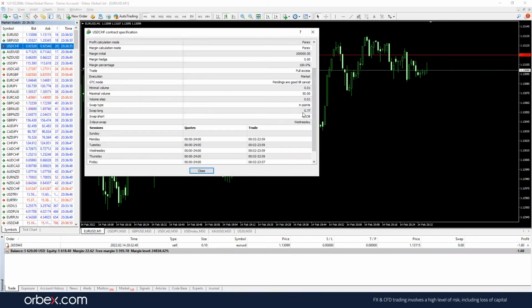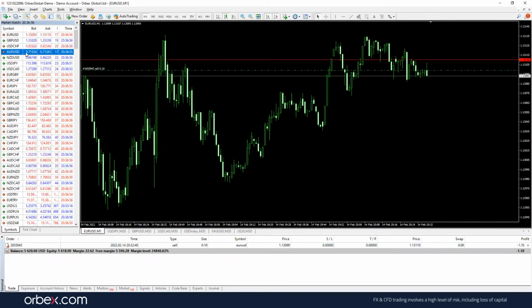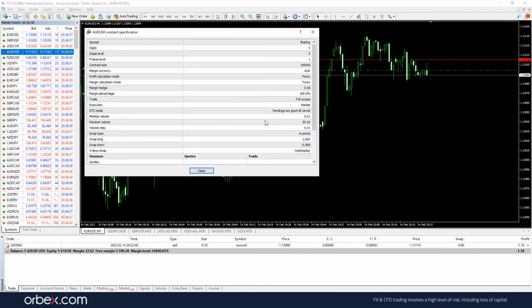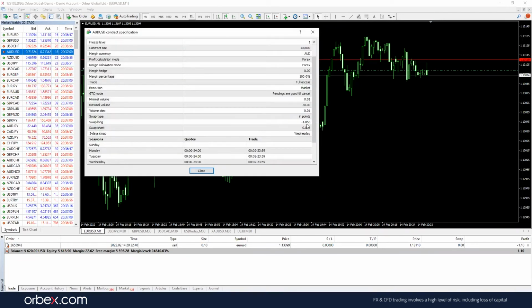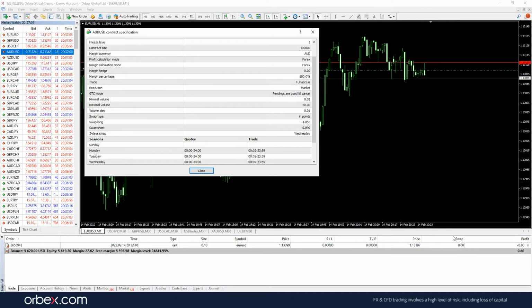So again, this will be 0.77. This will be 0.5138. And just to keep in mind when you're doing Forex calculations, it's very good to know, because you might wake up one morning and think, why have I got swaps of $2 or $3?